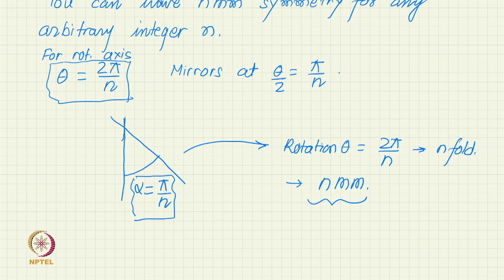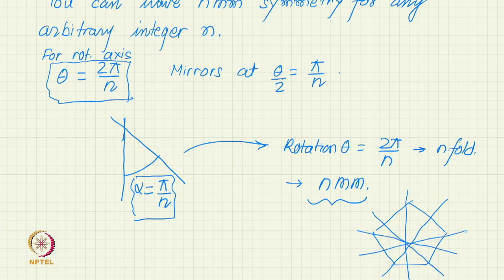But I have 5 mm and I can have a nice pentagon which has a 5-fold symmetry. The pentagon's rotation angle is 360 by 5, which is equal to 72 degrees.